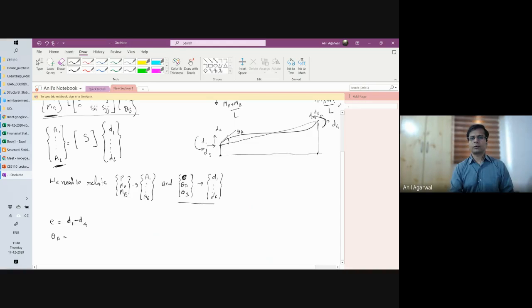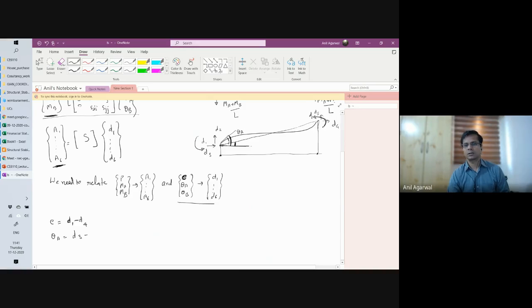But we have to relate it with D1, D2, D3, and D4, D5, D6. What will it be equal to? If you see, theta A is nothing but d3 minus this angle, right? d3 is this full angle from the horizontal. This is the horizontal line minus this angle.